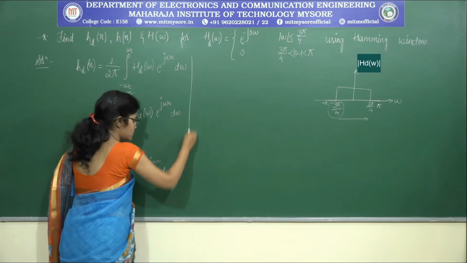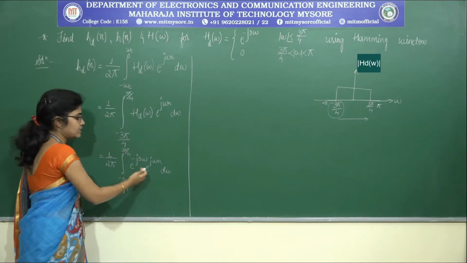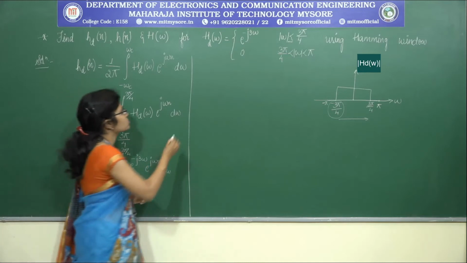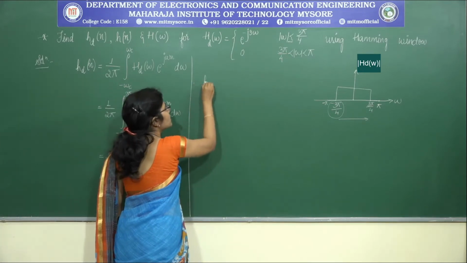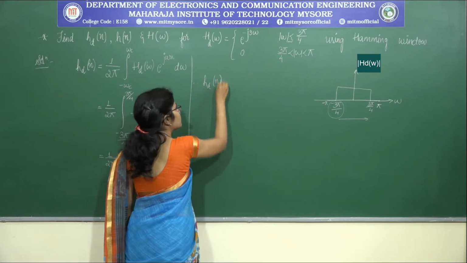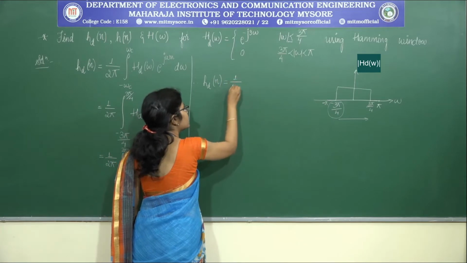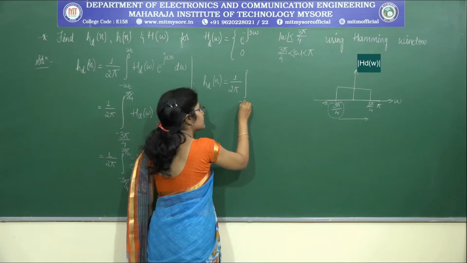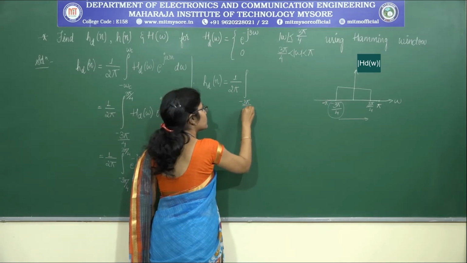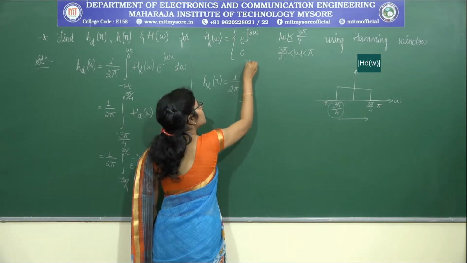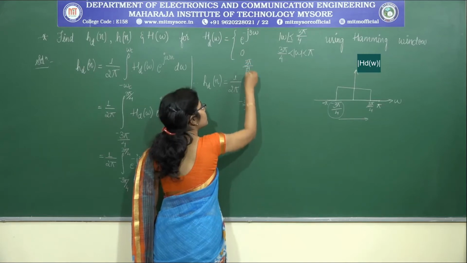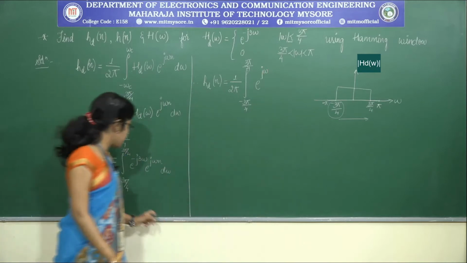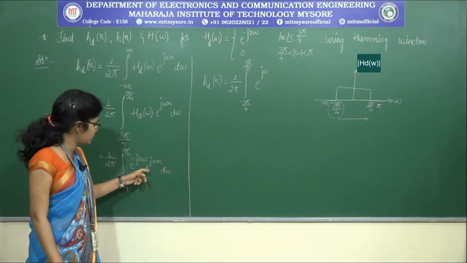Now let us rewrite this exponential term as a single term. Hd of n will be equal to 1 divided by 2 pi integral from minus 3 pi by 4 to plus 3 pi by 4 e power j omega, taking e power j omega as the common factor.